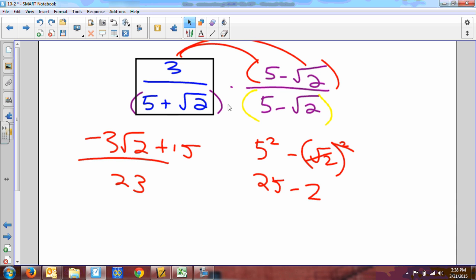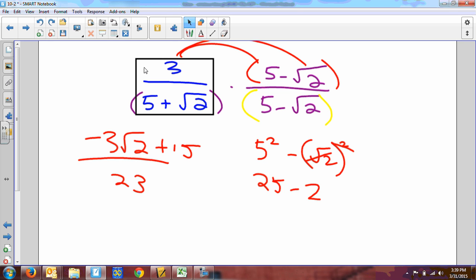If you remember, this is difference of squares stuff, chapter 8, lesson 5, I believe. x plus 2 and x minus 2: the x times x became x squared, and the 2 times 2 became 2 squared. Well, it's the same thing, 5 squared and radical 2 squared with my subtraction sign in between. The radical and the squared cancel each other out, so that becomes 2. 5 squared is 25. 25 minus 2 gives you 23.